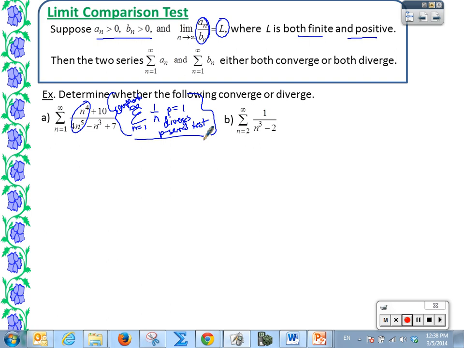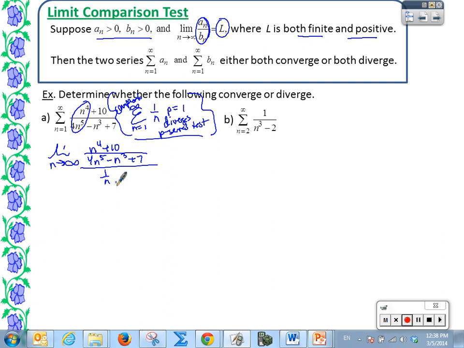All right, so let's set up our ratio. Again, it doesn't matter which one you put in the numerator. I usually put the original one in the numerator, but it doesn't matter. So the limit as n goes to infinity of our original one, n to the 4th plus 10 over 4n to the 5th minus n cubed plus 7, over 1 over n.